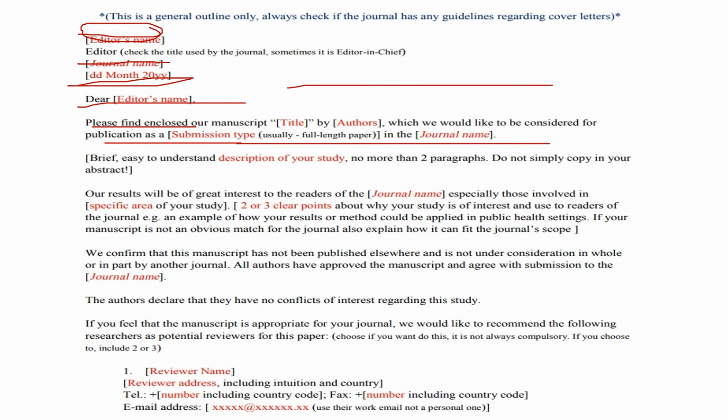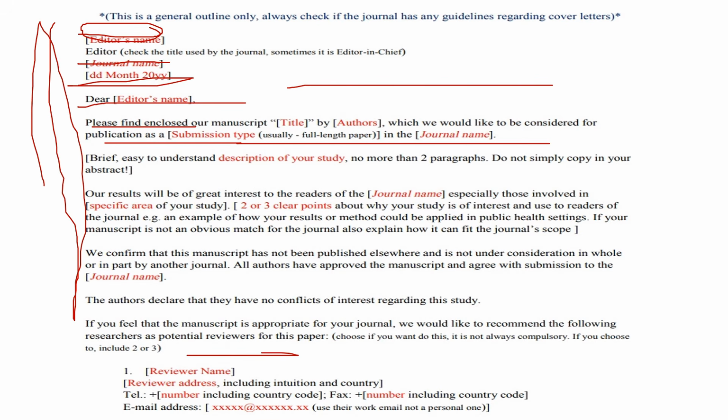And here you will report that the authors declare that they have no conflict of interest, and if you feel that the manuscript is appropriate for your journal, we would like to recommend the following researcher as a potential reviewer for this paper. Okay, always write a cover letter for your case report during the submission, and upload this cover letter during the submission, okay, in the option of cover letters.